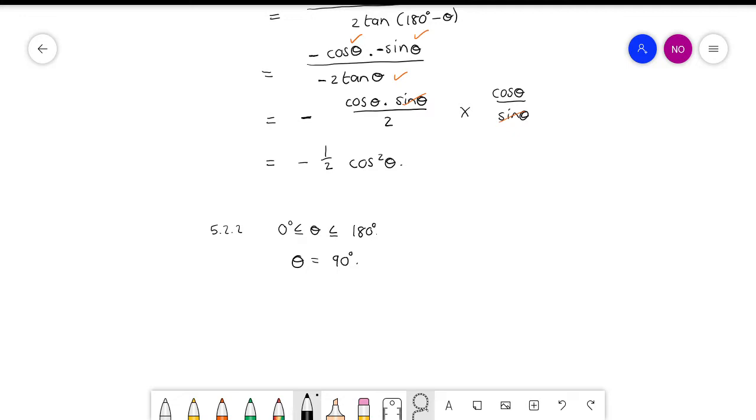Okay, so that's the one thing checked. Tan asymptotes checked. Now we're looking at denominator equal to 0. So the denominator in the beginning was 2 tan 180 minus theta, and I'm going to set that equal to 0.